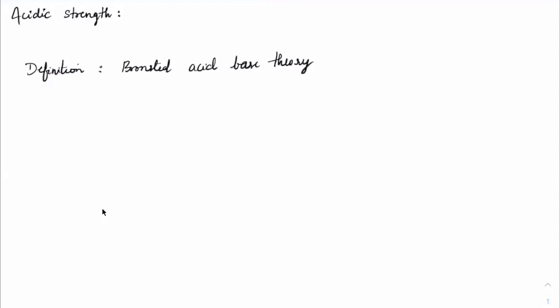So according to Bronsted-Lowry acid-base theory, a proton donor is an acid. Proton donor, an H plus donor, is an acid, and proton acceptor, an H plus acceptor, is a base.